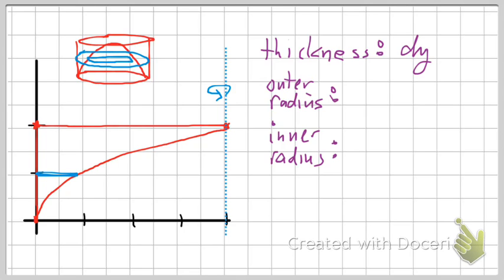So, my outer radius is this. From the center of revolution, which is at x equals 4, out to the outer edge of that shape, if you picture it spinning around, the outer edge. And what is that outer radius? 4 minus 0. You guys okay?